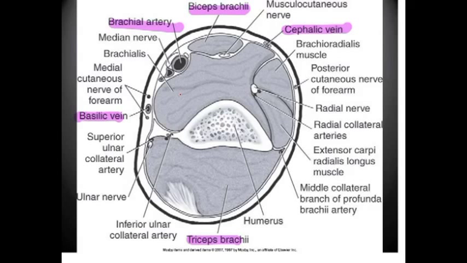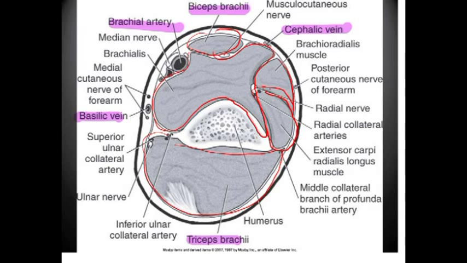Getting almost to the elbow now, you see that we have the triceps, the biceps, the brachialis muscle, the brachioradialis muscle, and the extensor carpi radialis longus muscle.